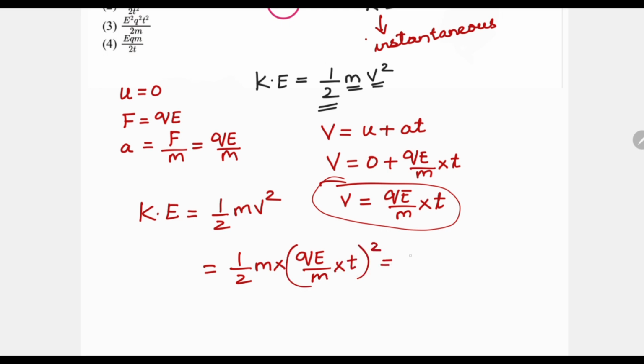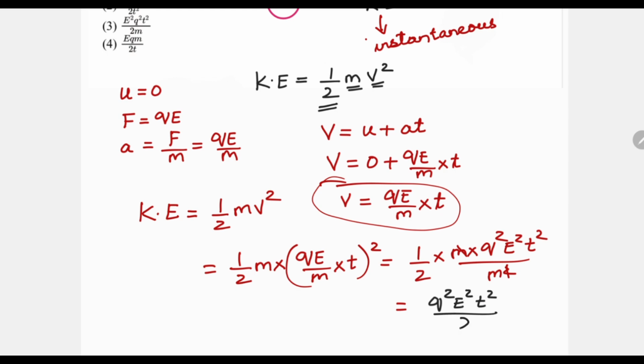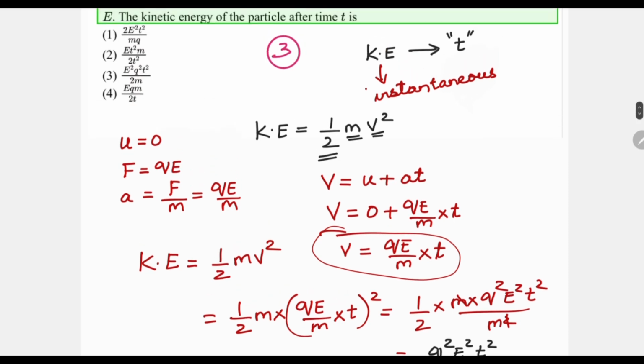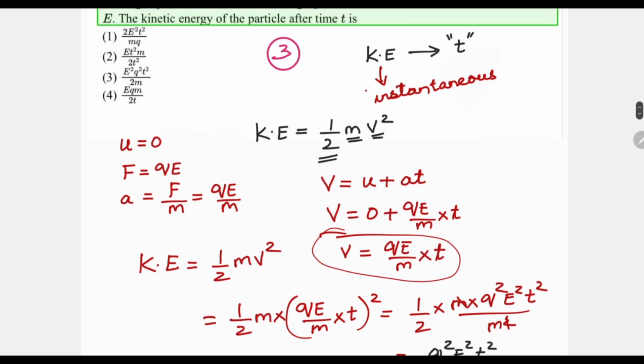That means you will get half into m into q square E square t square divided by m square. Now after simplification you will get q square E square t square divided by 2m. So your answer is the third option. The best matching option is the third option.